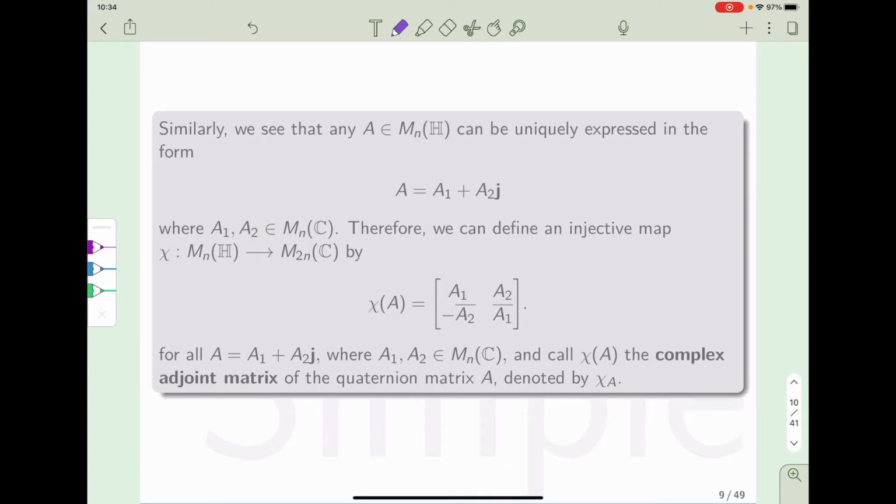More importantly, by using such an expression, we can define an injective map from the set of all n by n quaternion matrices to the set of all 2n by 2n complex matrices.